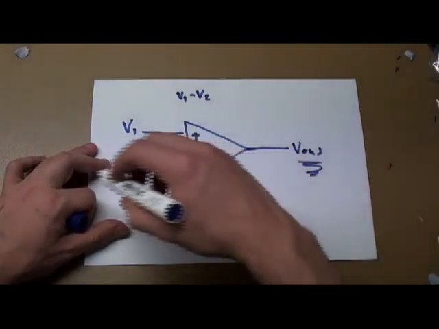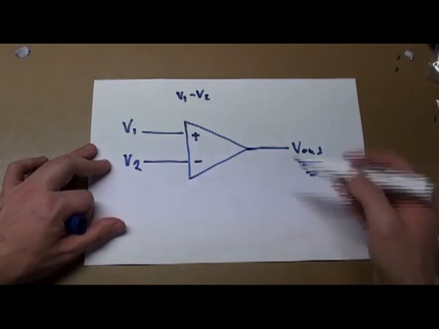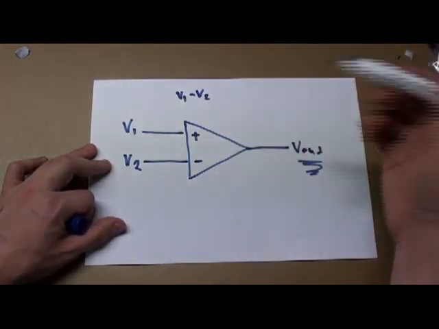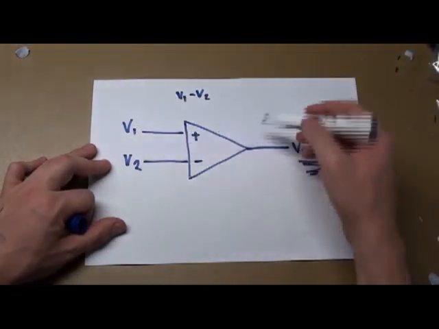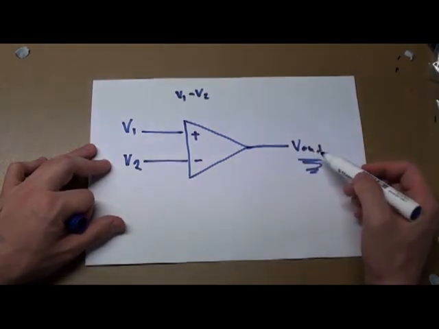That's basically the point of a differential amplifier. It finds the differential between two voltages and makes that its output.